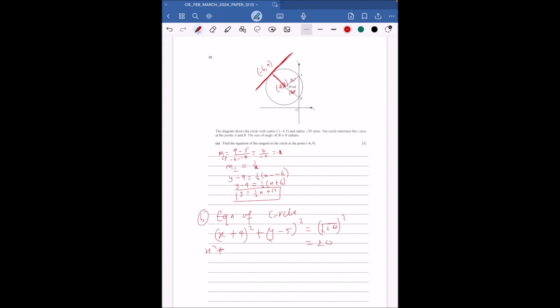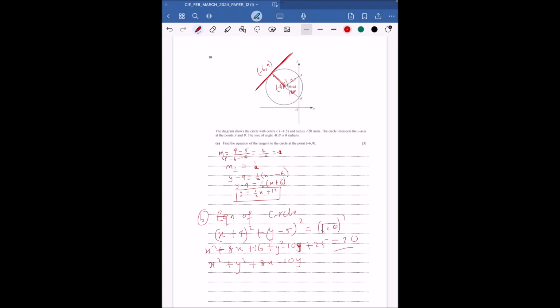So that's 8x plus 16 plus y squared minus 10y plus 25 is equal to 20. So x squared plus y squared plus 8x minus 10y.